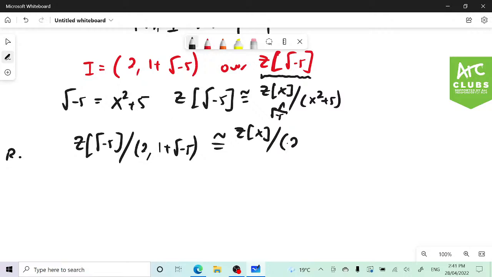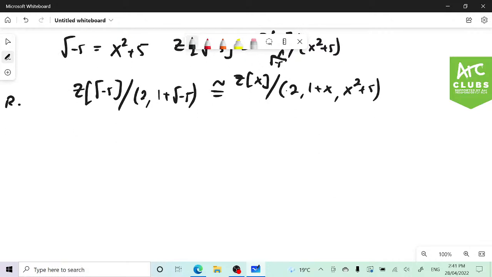We take 2, 1 plus x, so we're replacing square root of minus 5 with x, and x squared plus 5. Okay. So what we're going to do is quotient out by 2 to begin with.